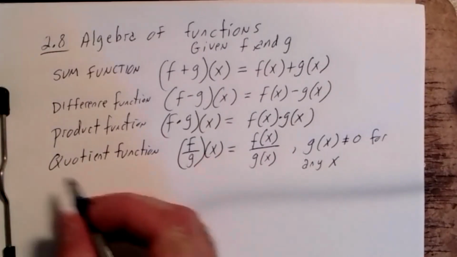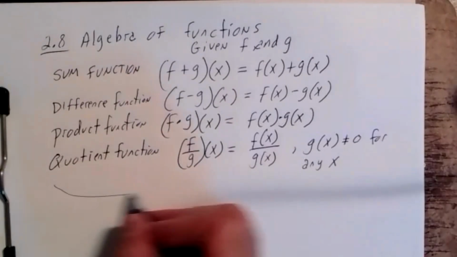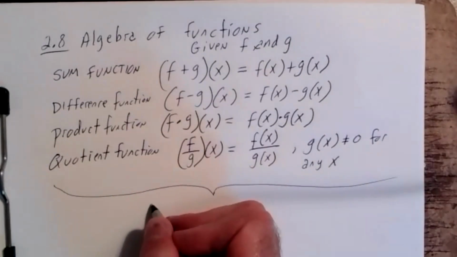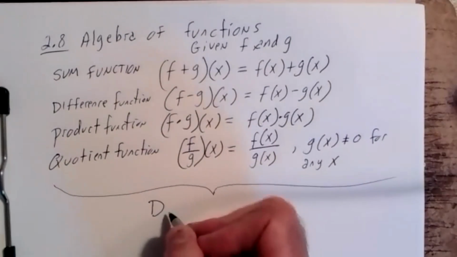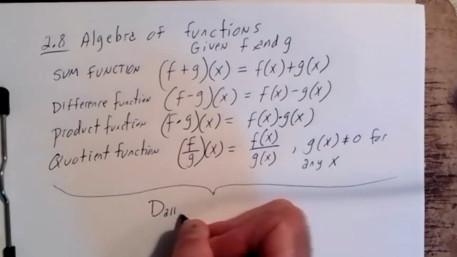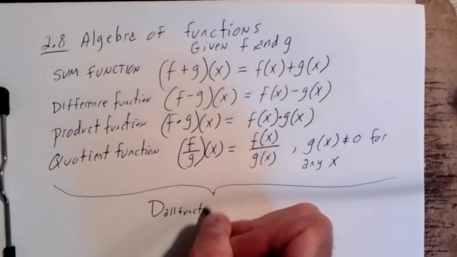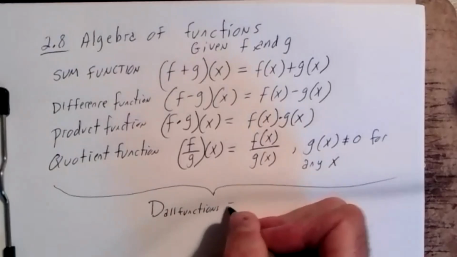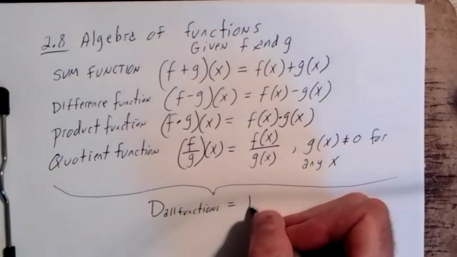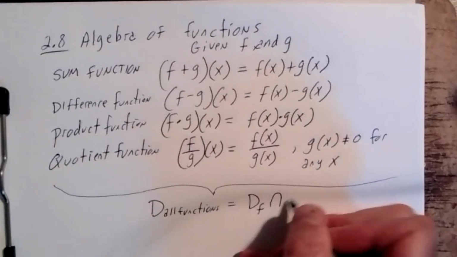All right, so ladies and gentlemen, the domain of all these new functions that I'm showing you how to build up here is going to be the intersection of the domains of the individual functions.